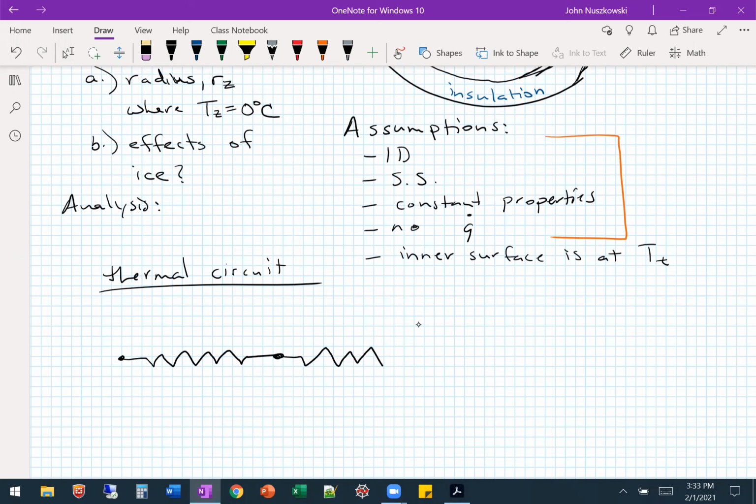Looks like a mountain range. All right, so we have our tank over here, T infinity over there, our insulation, and our convection.